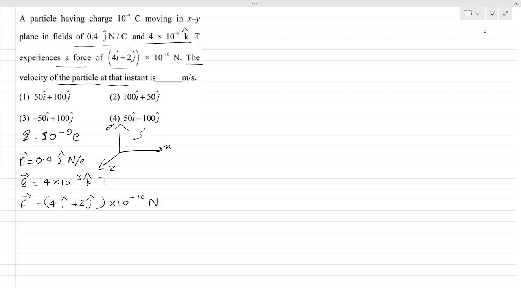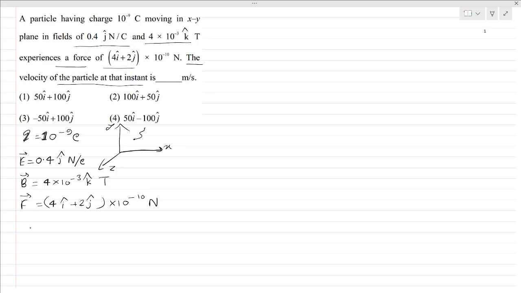So as we can see, a charge Q of magnitude 10 to the power minus 9 coulomb is moving in XY plane, and the electric field and magnetic field are also given, and due to the presence of the electric and magnetic field, the force experienced by the charge is also given in vector form.